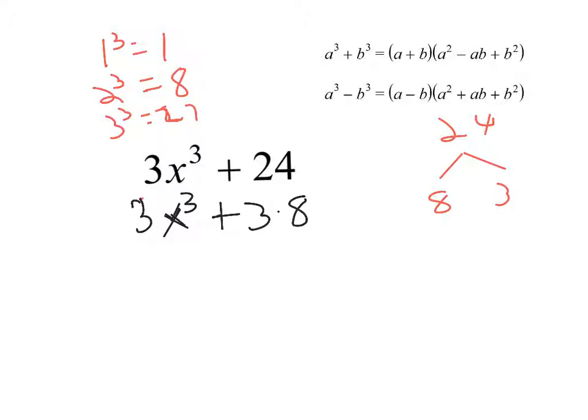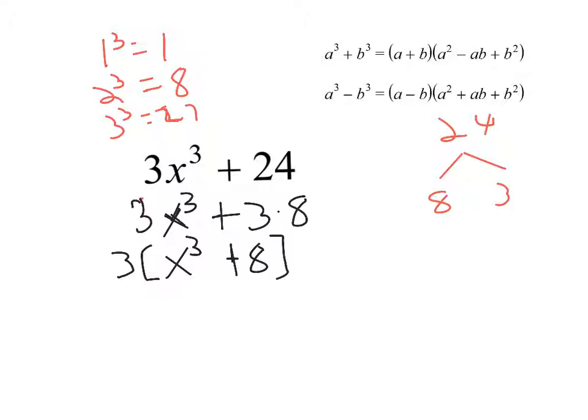So we pull that 3 out, and what remains is x cubed plus 8. This is something you're going to be doing many times: recognizing that a number can be broken into a cube and another factor.